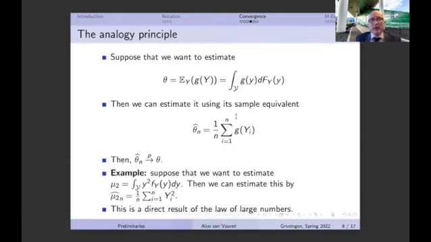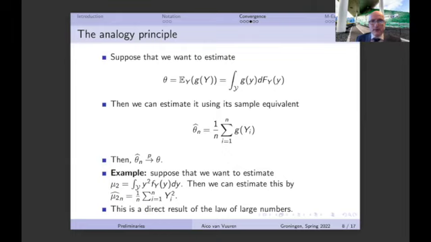We should take into account that many people say that the analogy principle actually is derived from the law of large numbers. However, many mathematicians may say, well, the analogy principle is not derived from the law of large numbers. It actually is the law of large numbers. And that is, in my opinion, correct.